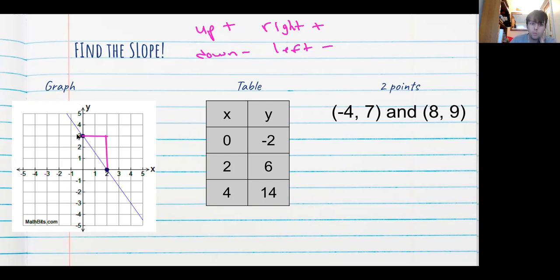So to go from one point to the next, we're moving to the right 2. That's positive. And we're going down. So we're going from here, we're going down 1, 2, 3. That is a negative direction. Now, our slope in this case is going to be negative 3 over 2. Our vertical change, negative 3, and our horizontal change, 2.